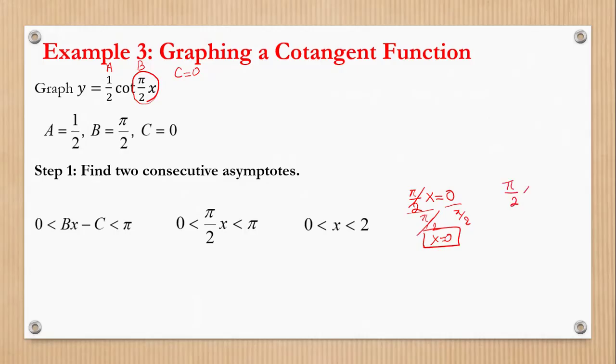Again, to solve this equation, you divide both sides by pi over 2. By keep, flip, and change, pi and pi cancel each other, and I get x equal 2. So the asymptotes are x equals 0 and x equals 2.